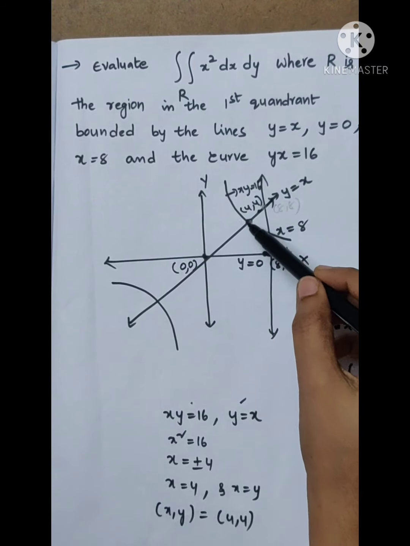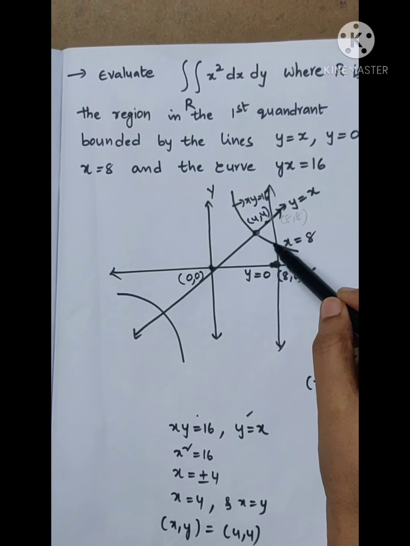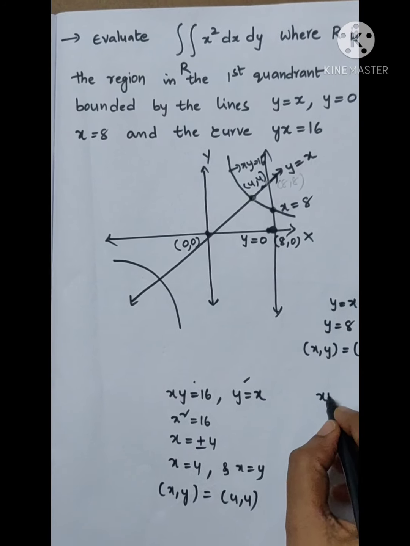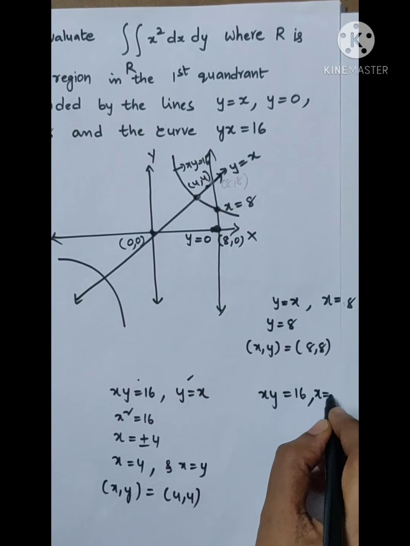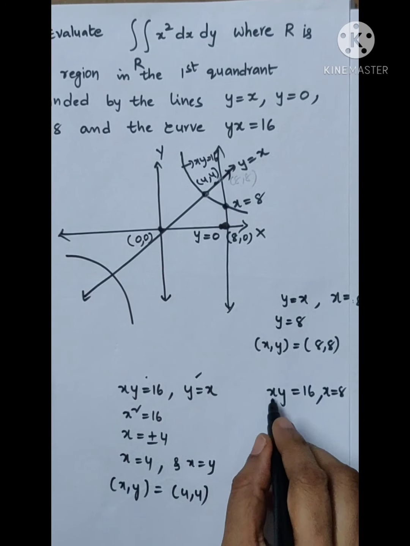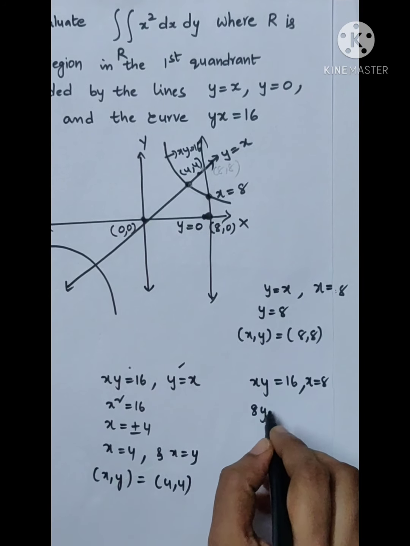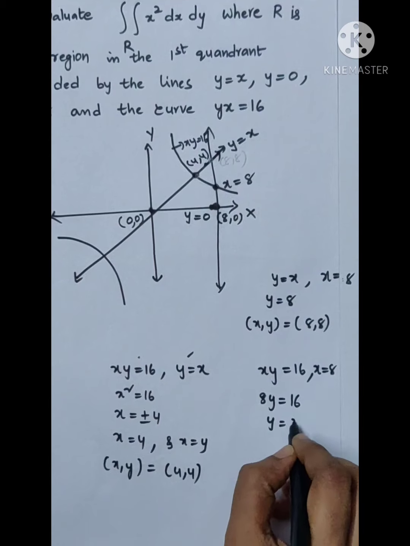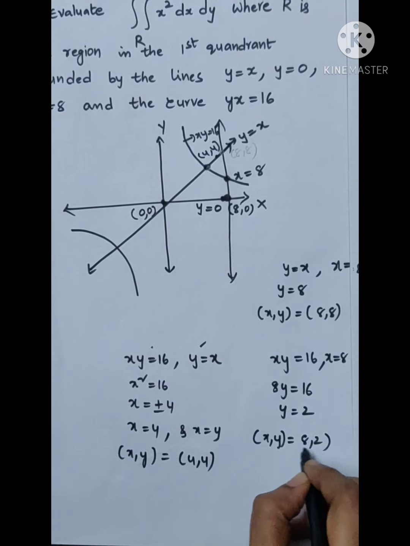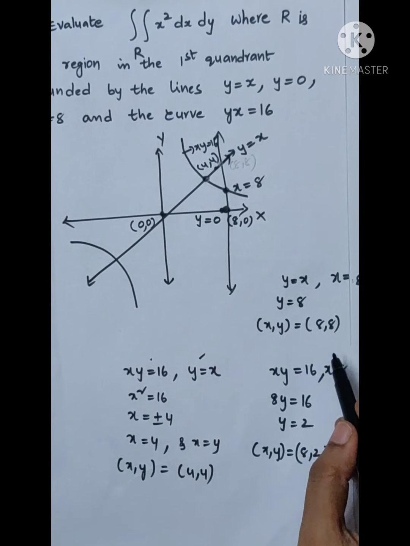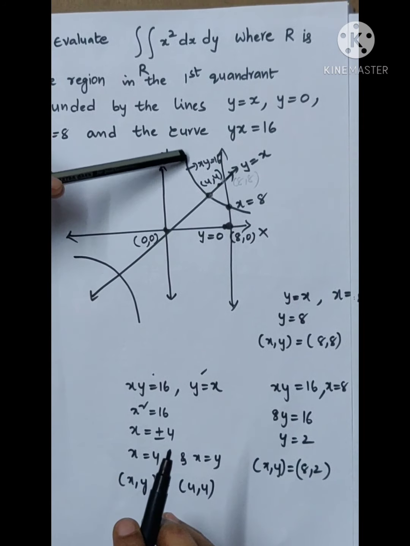And clearly xy equal to 16 intersects at this point also. Xy equal to 16 intersects with the line x equal to 8. Substitute x equal to 8, so y becomes 2. So the intersecting point is 8 comma 2.